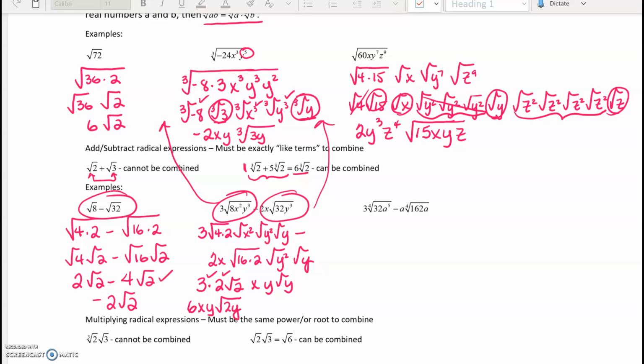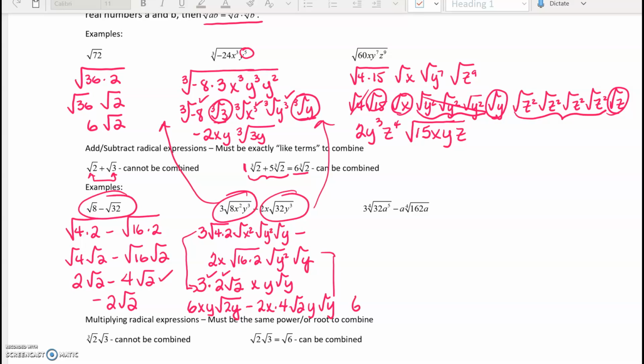And I'm running out of room, so let's see what we end up with here. So this term brought down, and then this one brought down. So I have minus 2x times 4 times square root of 2 times y times root y.